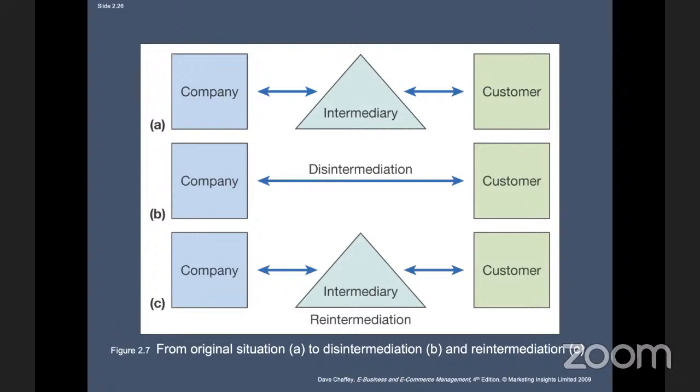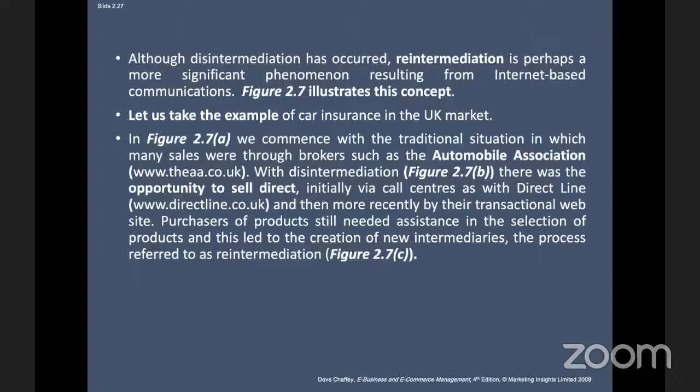And again, reintermediation: the company was dealing direct to the customer, but somehow feels that they should find some intermediaries to address their customers. Although disintermediation has occurred, reintermediation is perhaps a more significant phenomenon resulting from internet-based communications. Figure 2.7 illustrates this concept.